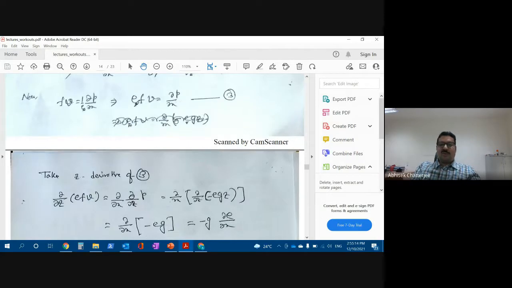So now we will do what? The z derivative. If we do the z derivative, then this part can be exchanged. So this is del x p, right? If you take del z, del z is supposed to be first, and then you should have del x p.